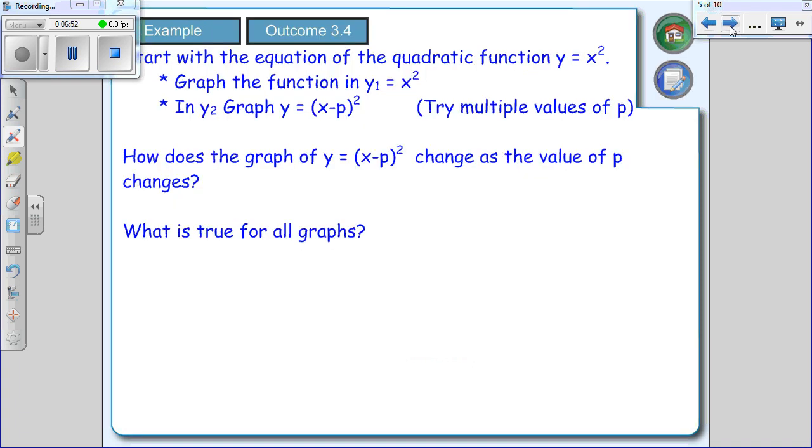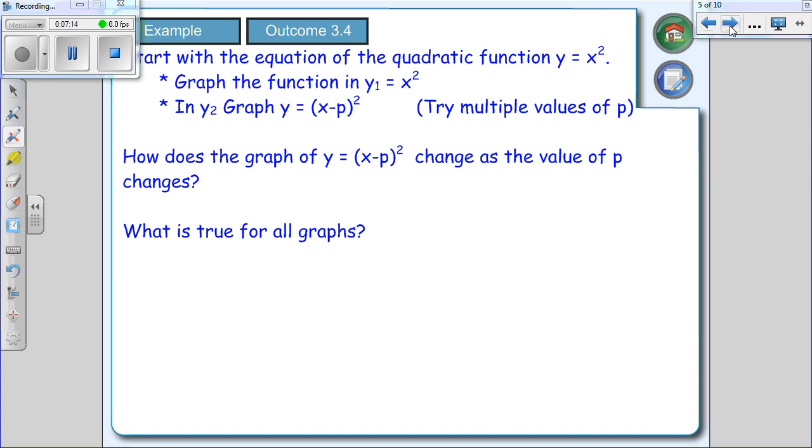The next thing we're going to do is introduce a p-value. The p-value is one that we make a lot of mistakes with because it's attached directly to the x, meaning that if you add a p-value in, it's x minus p in brackets and then squared.